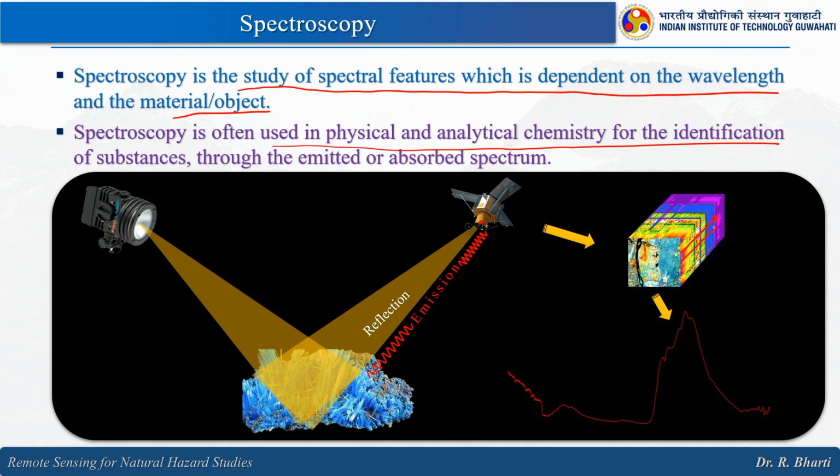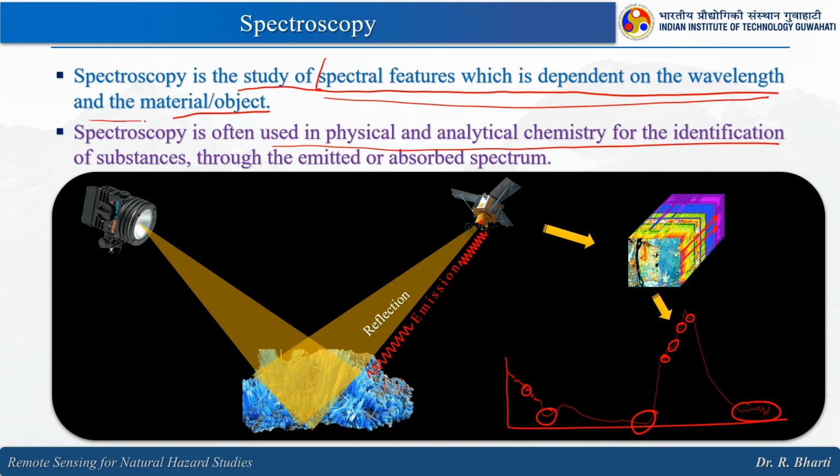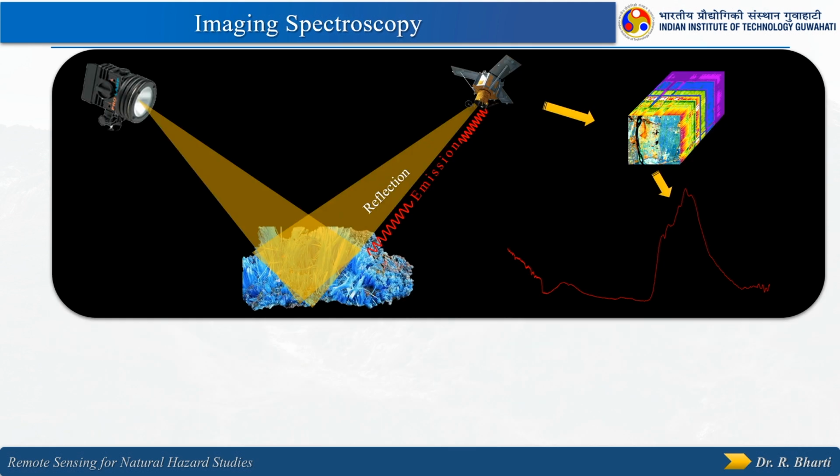This hyperspectral data will provide you a better representation of the target, because you are able to capture all these absorption features, right. These absorption features, or set of absorption features, will help you to identify the material. Spectroscopy is the study of spectral features dependent on the wavelength and the material or object, and directly or indirectly we are referring to the chemical composition and the atomic structure.